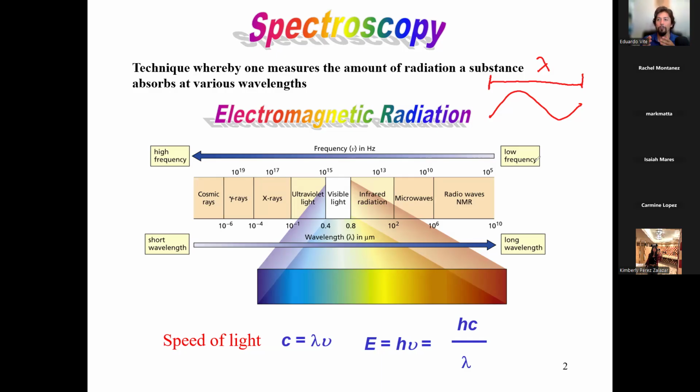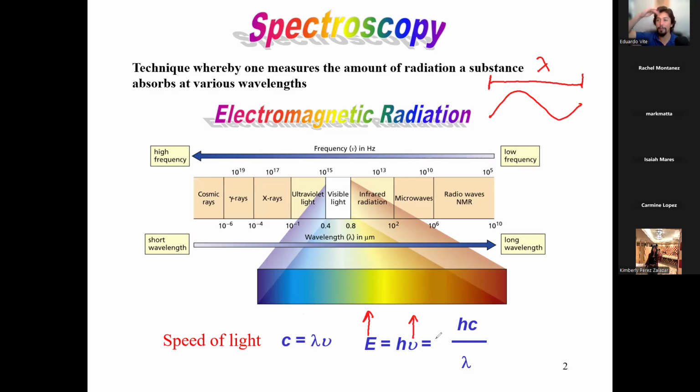Alrighty. So what's the main takeaway from this slide? That we're interacting with radiation all the time. We have built-in spectrometers on our face, and there is a relationship. As the energy goes up, the frequency goes up, right? You can imagine it as moving your hand up and down in the form of a wave.